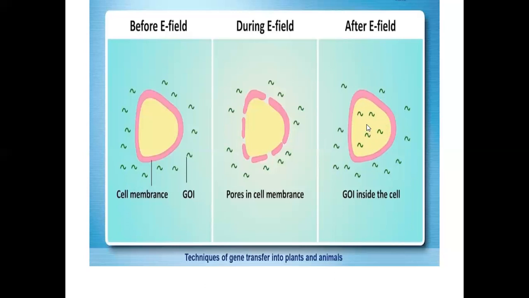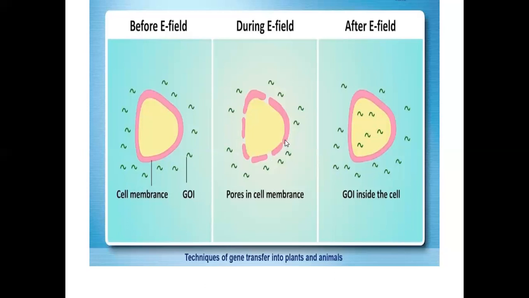It is one type of gene transfer technique by physical methods called electroporation. During electroporation, we select target cells. The gene of interest, means tDNAs, are taken in a small chamber. In that small chamber, we fit electrodes, and the electrodes are connected with power.